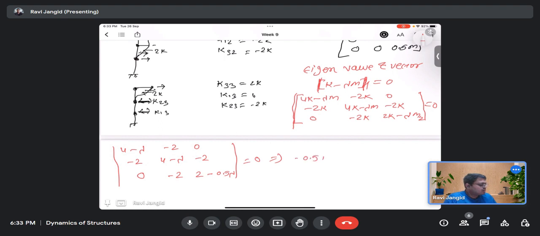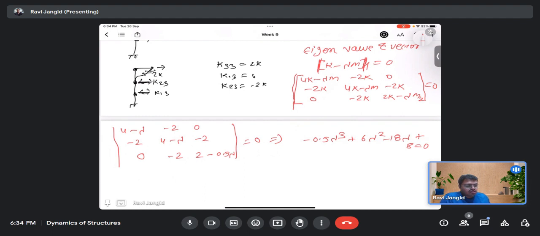And if you find out the determinant of this equation, that will come out to 0.5 M cube lambda cube, or if you keep the lambda also, that will come out the same. If you remove this, you will get 0.5 lambda cube plus 6 lambda square minus 18 lambda plus 8 is equal to 0.